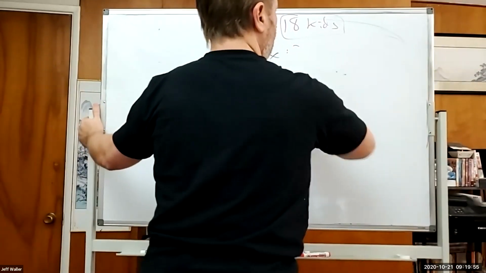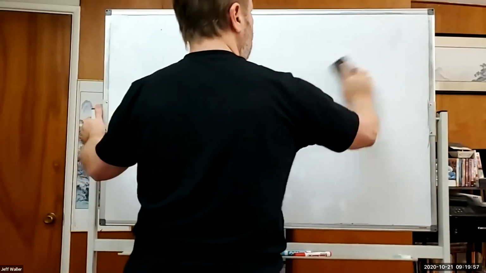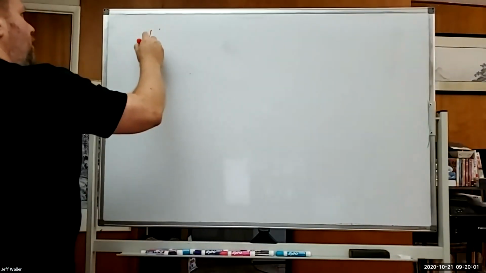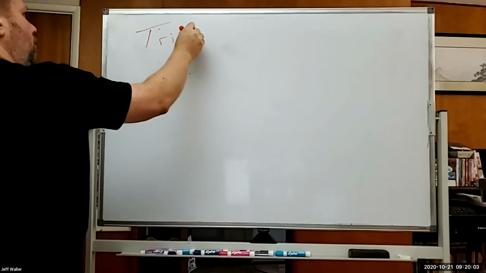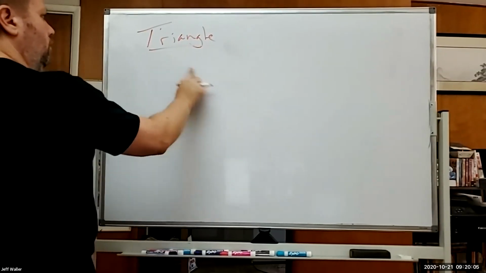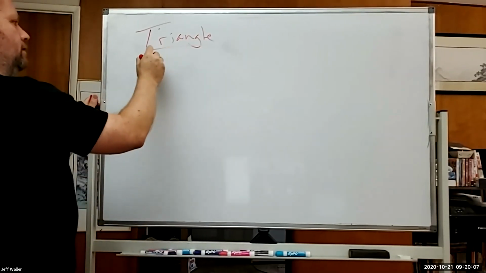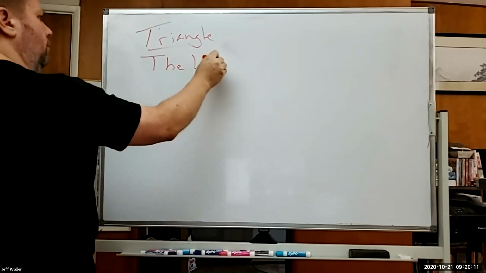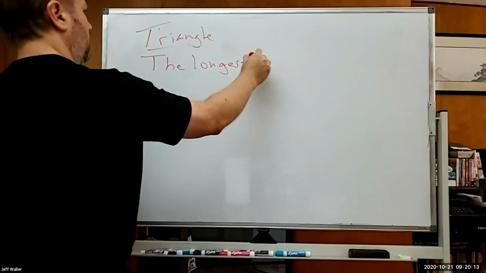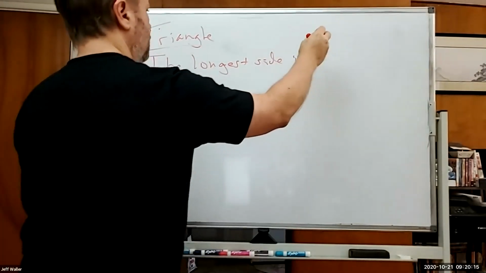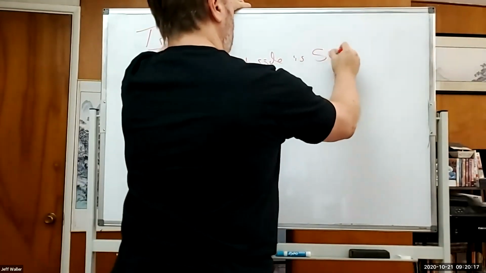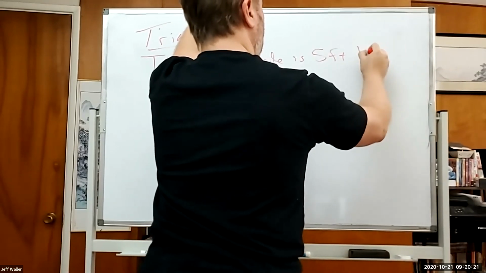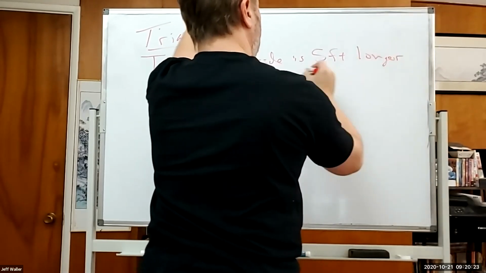Let's do a geometrical problem. Let's say I've got a triangle, right? And I know that the longest side is 5 feet longer than the shortest side.